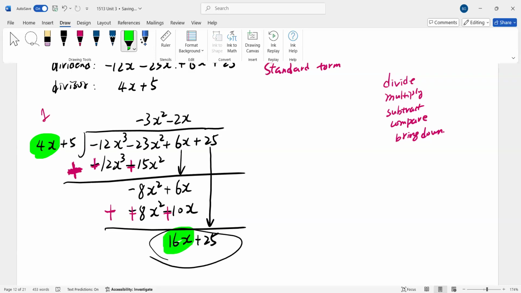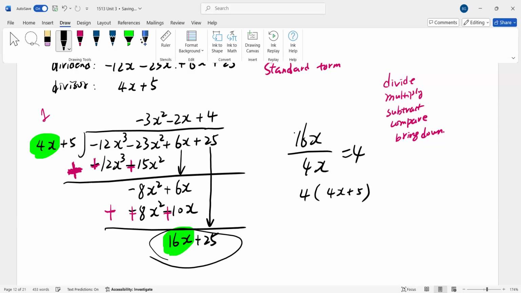And divide the leading term of the dividend by the leading term of the divisor. So we have 16x over 4x gives us a 4. We put a 4 here, aligned with those constants. And multiply the 4 by the divisor, 4x plus 5. Distribute. 4 times 4, 16, 16x. 4 times 5, 20.